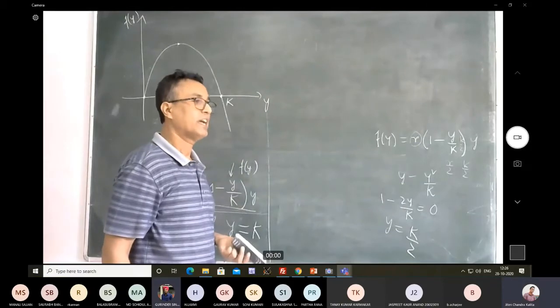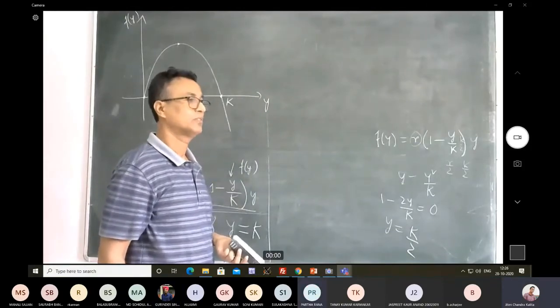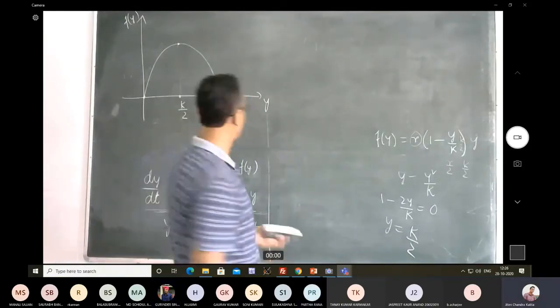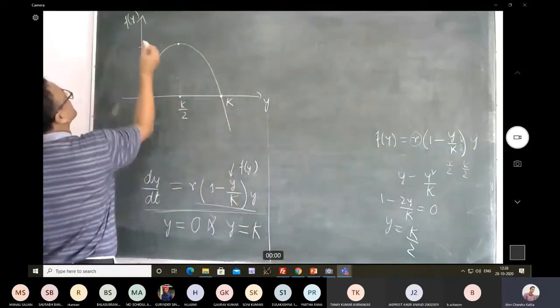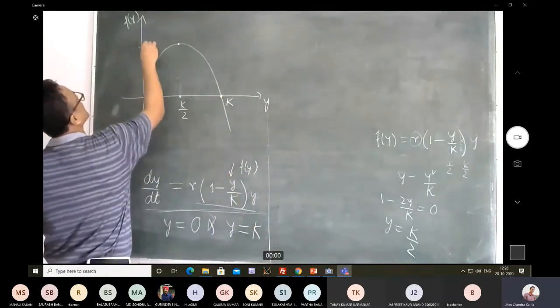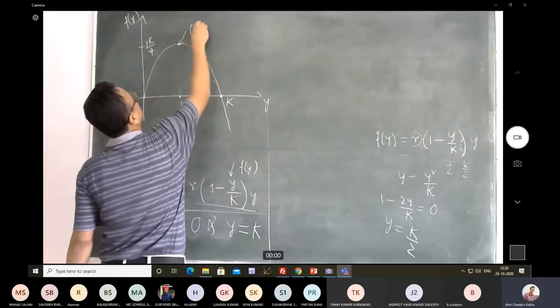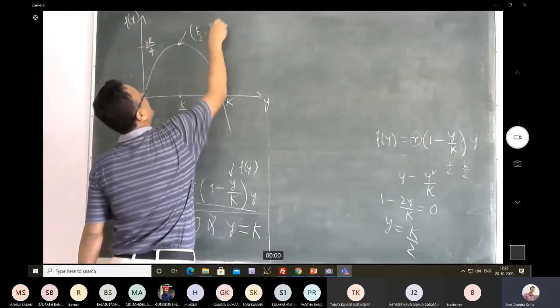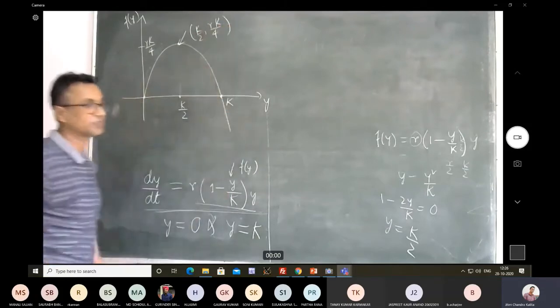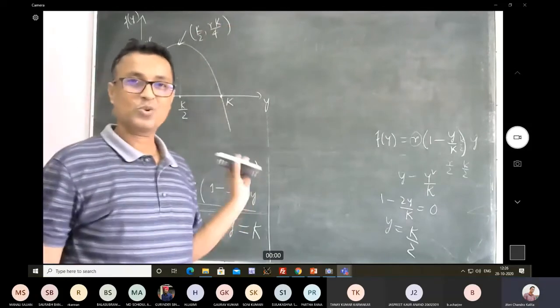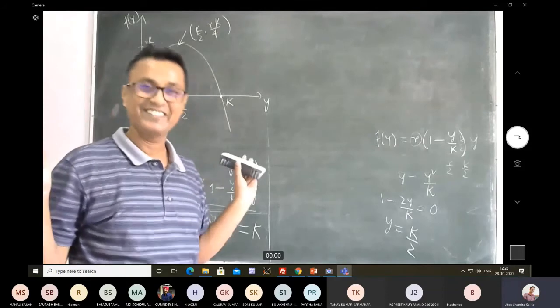The value of f(y) at the point k by 2. So that means this point is nothing but rk by 4. So the coordinates of this point are (k by 2, rk by 4). That's it. So far, so good, right?